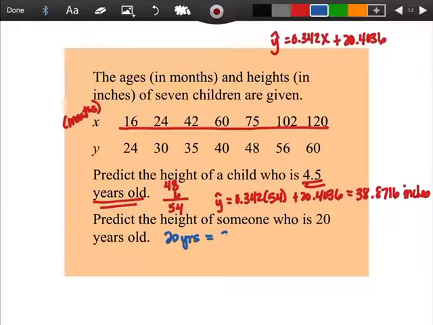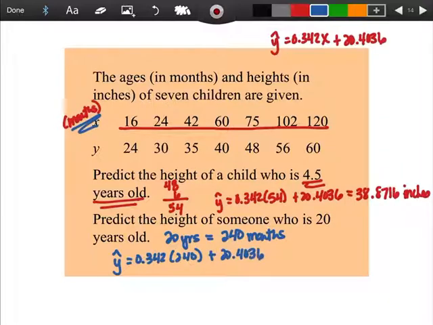Let's do the same thing for predicting somebody who is 20 years old. 20 years old is 240 months old. There are 12 months in a year. So y hat is 0.342 times months, because those are the units of our input, plus 20.4036. Our y hat value comes out to 102.484 inches.